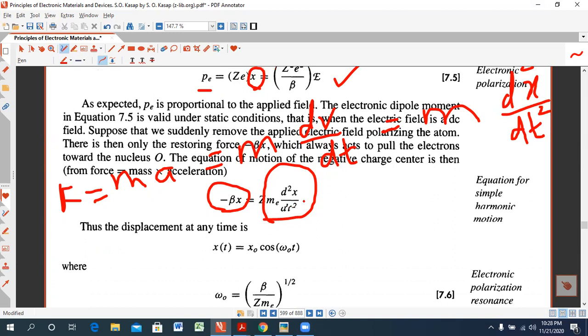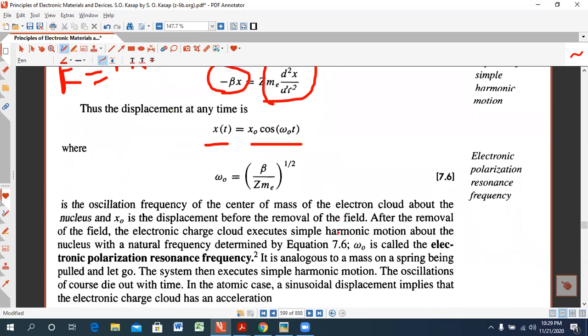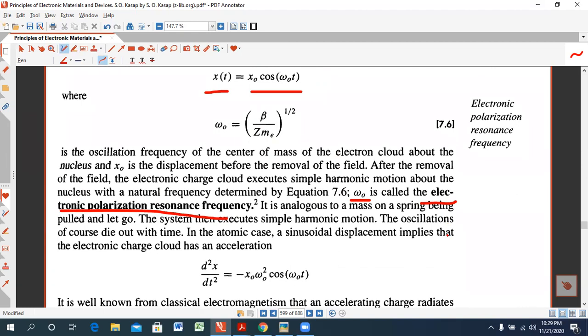If we solve this equation, then we get x of t equals x naught cos omega naught t, where omega naught is the constant term, the square root of beta divided by Zm e. This omega naught is known as the electronic polarization resonance frequency.